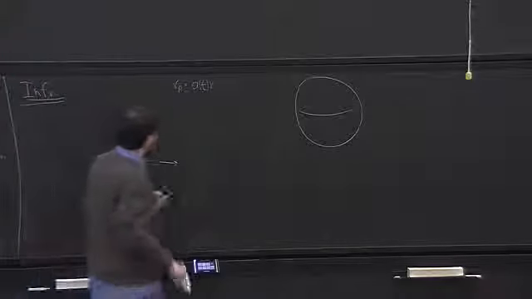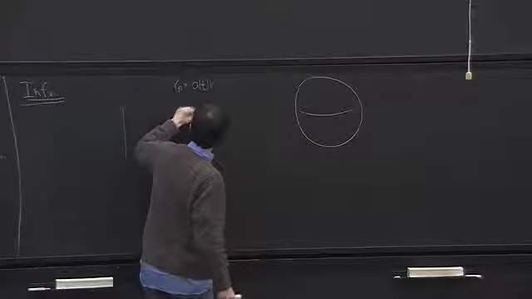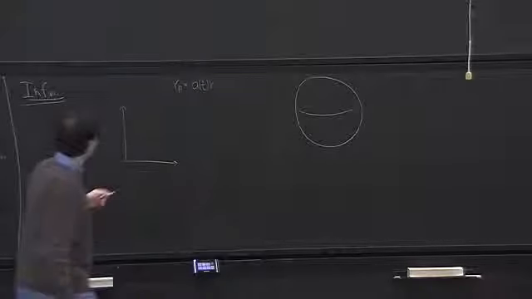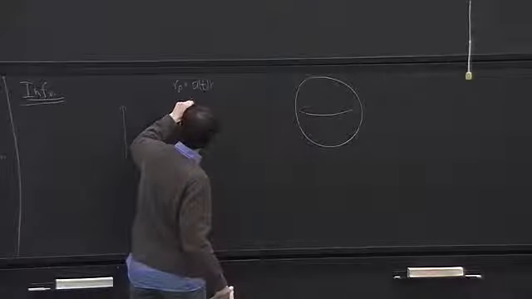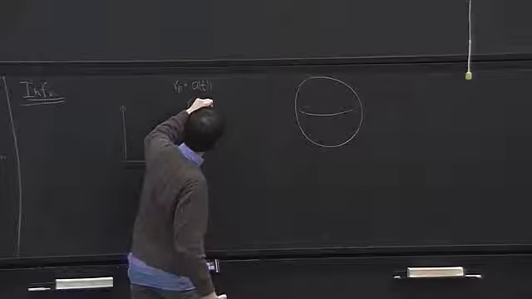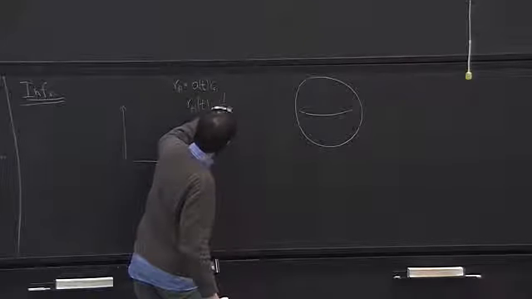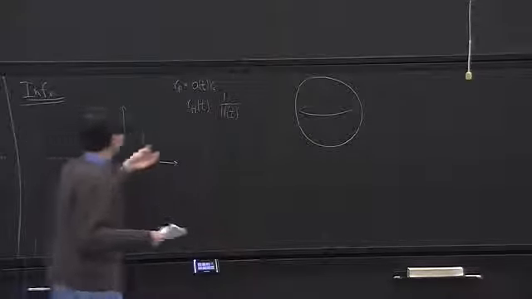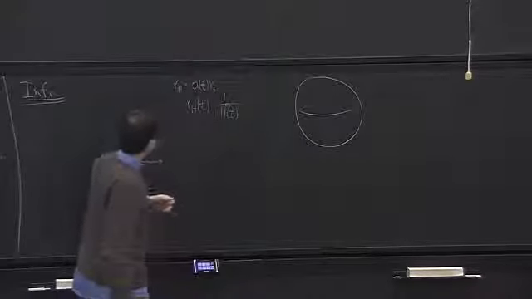And so yesterday we said that, in particular, there's an important distance characterizing the universe at any given time, which is the Hubble distance, the Hubble radius. So R_H at time t is 1 over the Hubble expansion rate at that time. Or really, it's c times that, but I work in units where c is equal to 1.